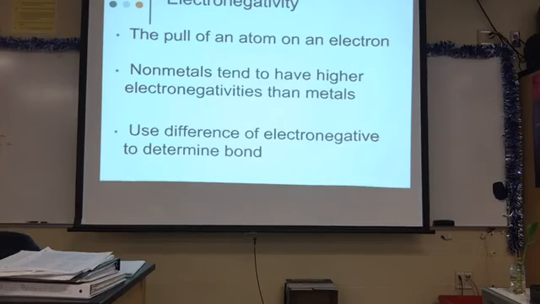If you look at your electronegativity table, you can see that. And we will use the difference of those electronegativities to determine the type of bond. Okay? And remember, if you take 2.1 minus 3, or 3 minus 2.1, it's still going to be 1.4 because we use the absolute values.